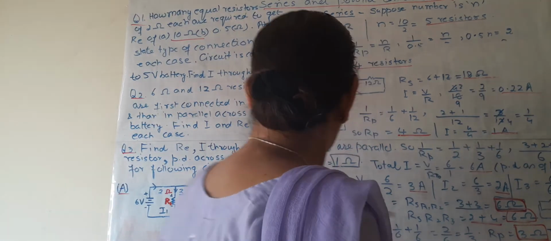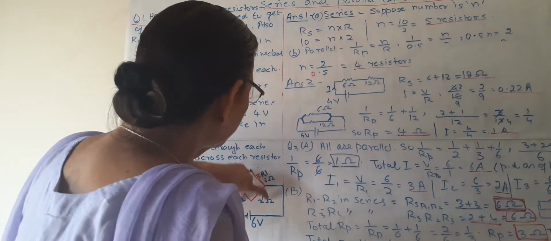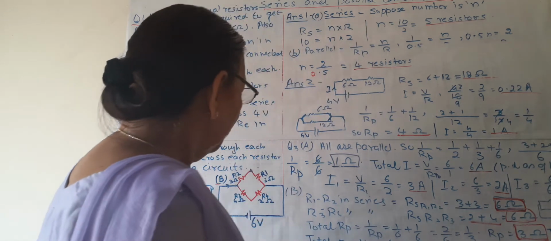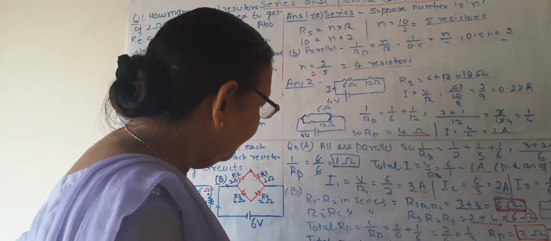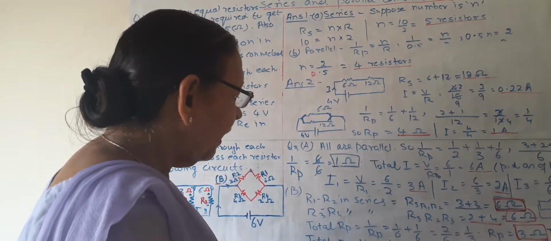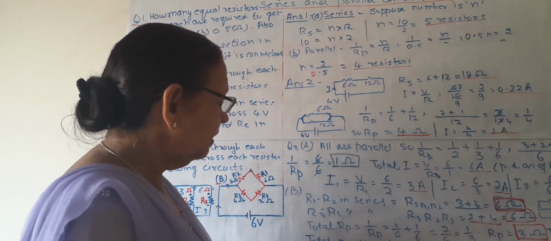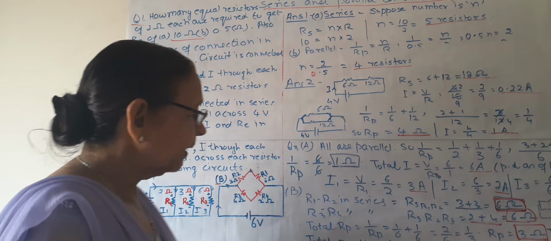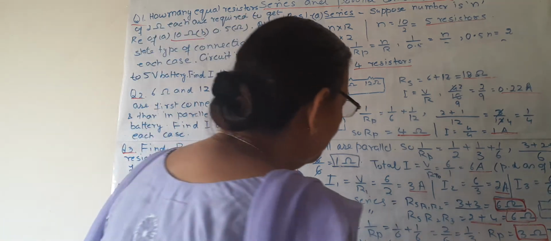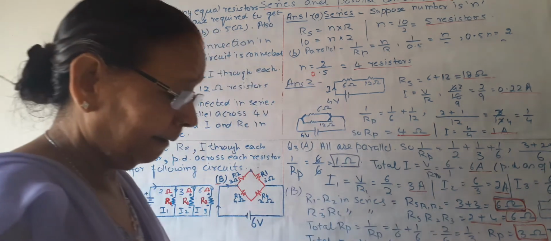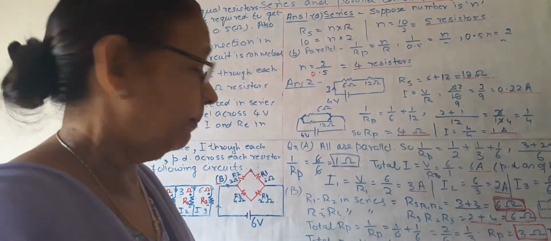Now we know the resistance of these two, and of the total. Now we have to calculate I and V also. So total I we will calculate. We have to write total resistance here. 6 is the battery voltage. I is equal to V upon R total, 6 upon 3, 2 ampere is the total current in the system.